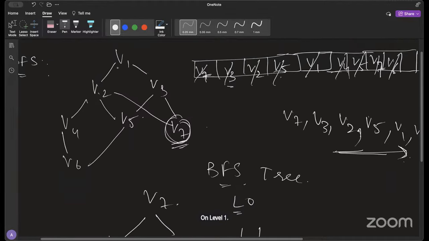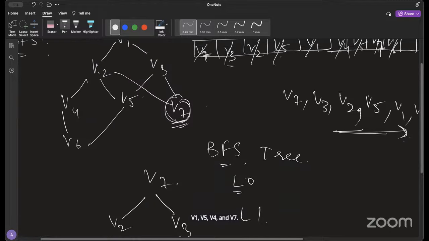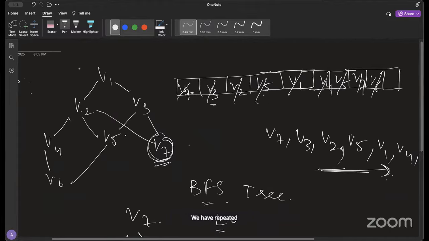Then V2 has V1, V5, V4, and V7. But you started with V7 only. So we've repeated V7 here. You should not have V7 here.